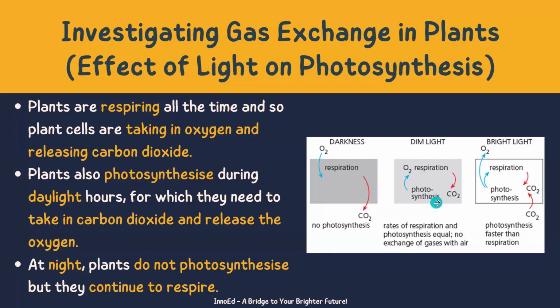So during the dim light hours, the rates of respiration and photosynthesis are equal. So there will be no excess carbon dioxide, and no carbon dioxide will be released from the leaves.